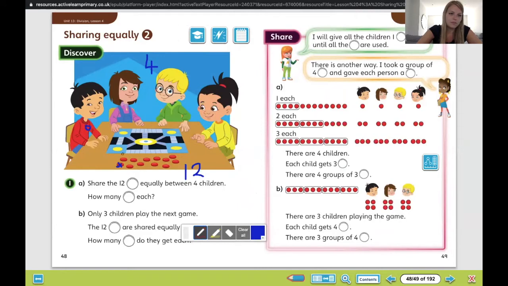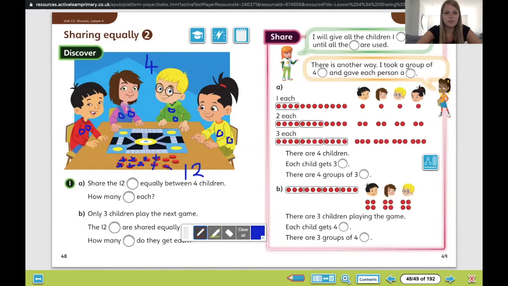1 for you. 1 for you. 1 for you. And 1 for you. Now we're going to go back to the start. 1 for you. And 1 for you. And 1 for you. And 1 for you. So far all the children have got the same.